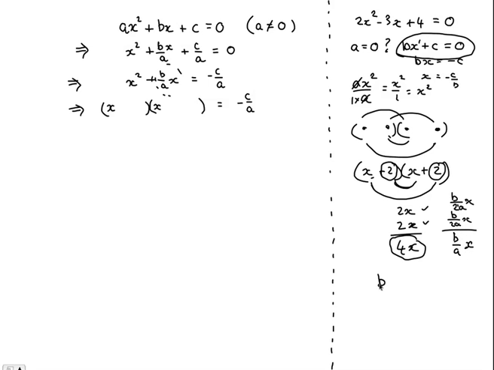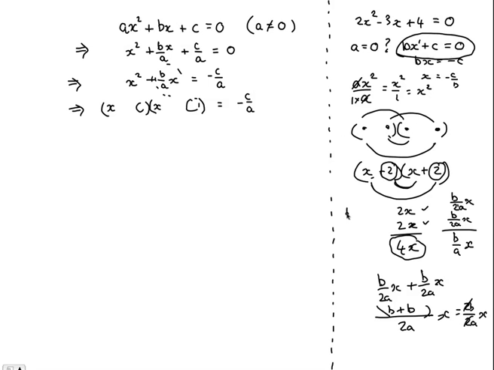I mean, when we add b over 2a x plus another b over 2a x, we get b plus another b, lots of x, which is 2b over 2a x, and the 2's will cancel and you'll get b over a x.